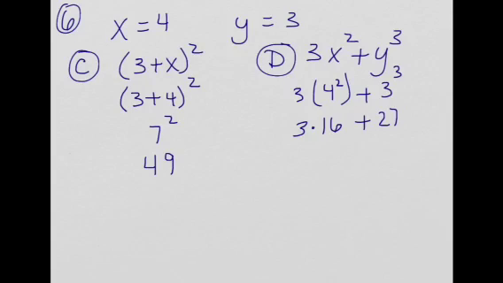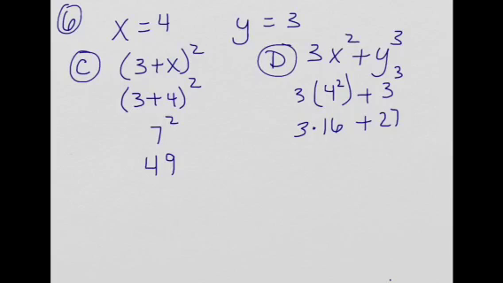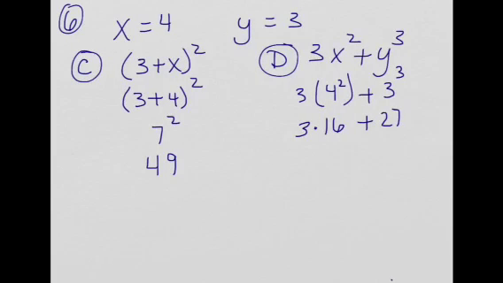Now, I forgot this is a negative 3. So with it being a negative, we need to put a negative in there, and that's going to be a negative 27. This is going to be 48 plus negative 27, which is going to be 21.